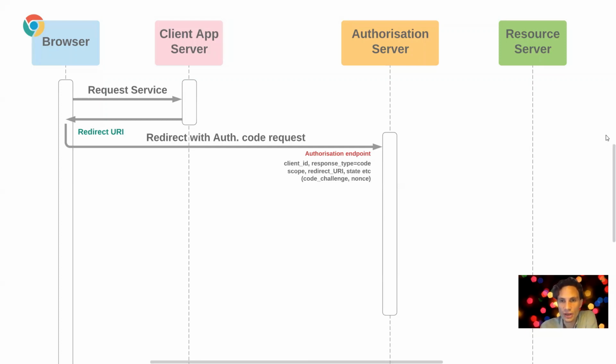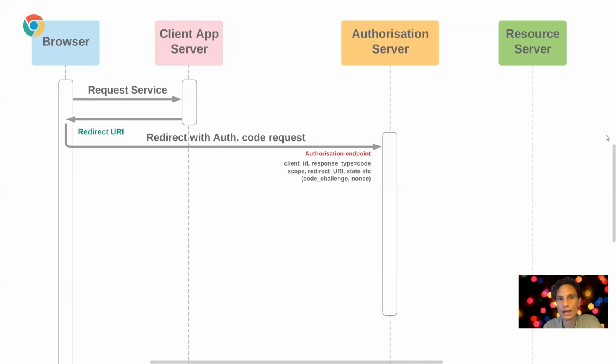The nonce is typically set to a random one-time value by the client app server, and this value will be sent back to the client app server in the ID token if they've requested an ID token. So for OpenID Connect implementations, this is also a helpful protection against cross-site request forgery attacks. Those three parameters all work in tandem.